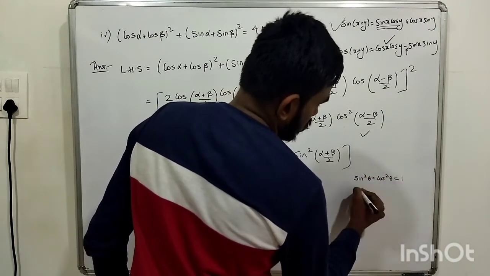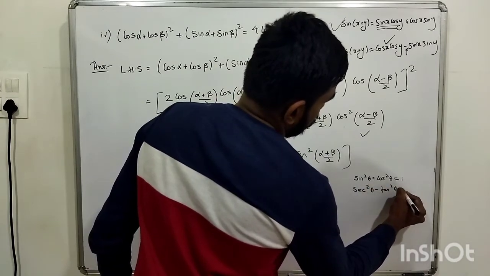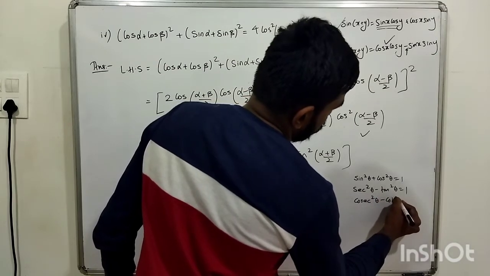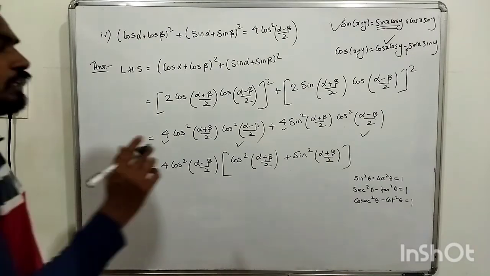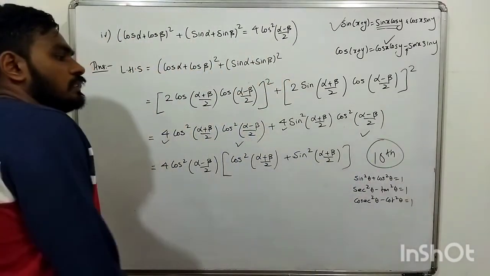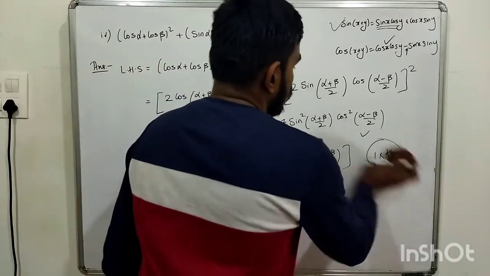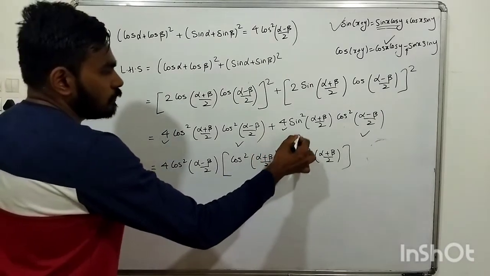Second identity: sec square theta minus tan square theta is equal to 1. And third identity: cosec square theta minus cot square theta is equal to 1. Out of these we learned in 10th class, we'll use this one here. So cos square (alpha plus beta) upon 2 plus sin square (alpha plus beta) upon 2 becomes 1.